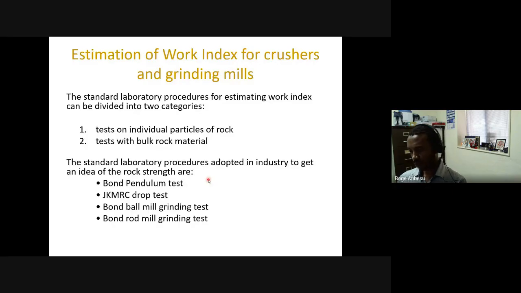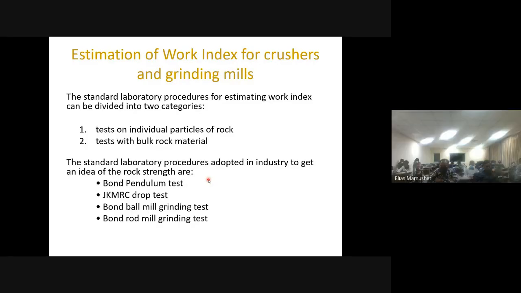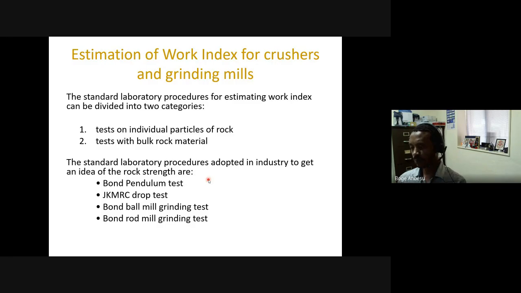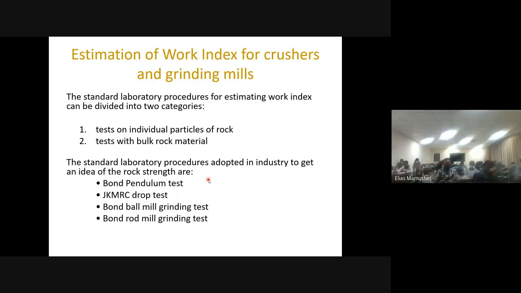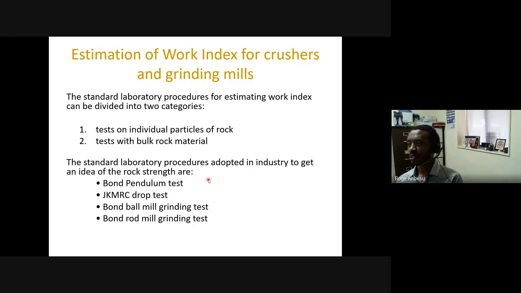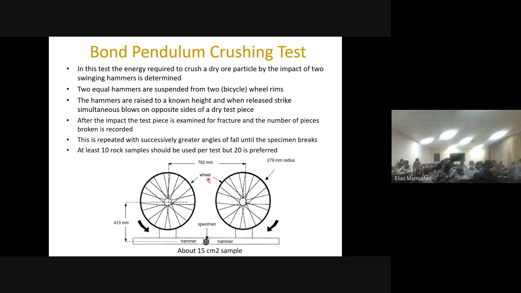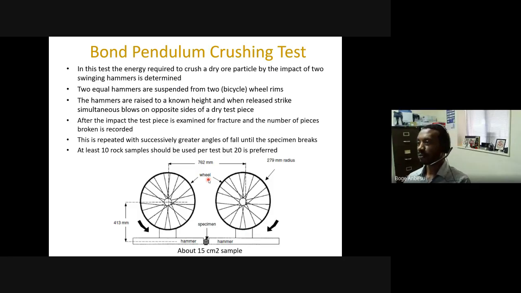The Bond ball mill grinding test and the Bond rod mill grind test can also be conducted to determine grindability. So these are standard methods which you can find in many textbooks, and some labs can actually conduct these tests for you to determine the ability to crush or grind rock. So we'll just quickly go through each of them, okay, before I conclude.